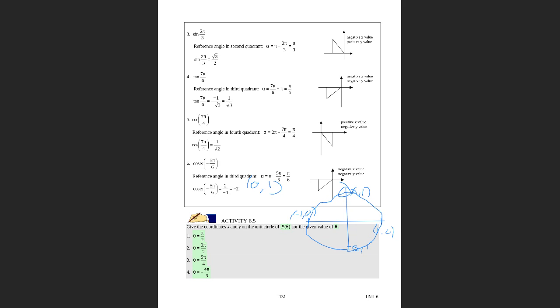So your x and y coordinates are going to be this one: 0 and -1. Number 2, is it clear?